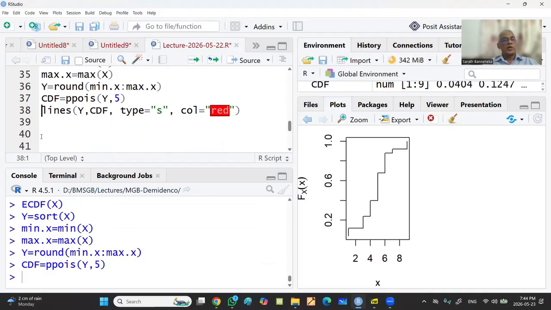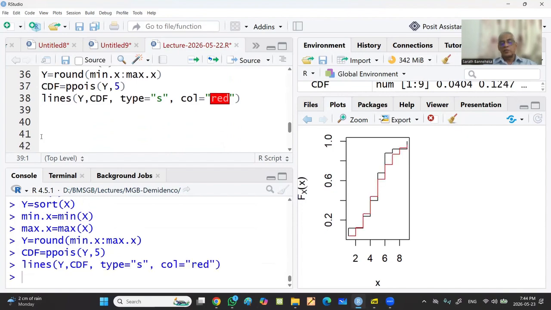If I draw lines now, y and CDF, type s, what do I get? This is the theoretical CDF evaluated at each possible value between 2 and 9, because my data set's min.x is equal to what? Let's see, min.x and max.x.